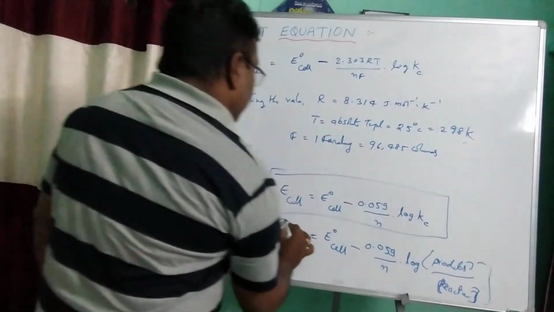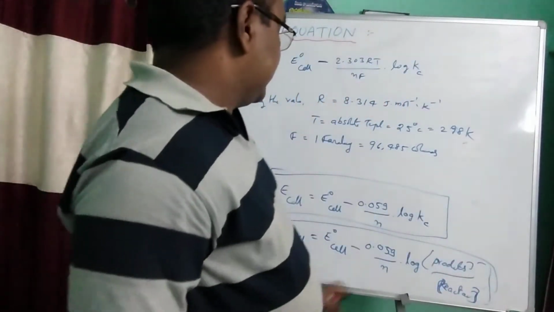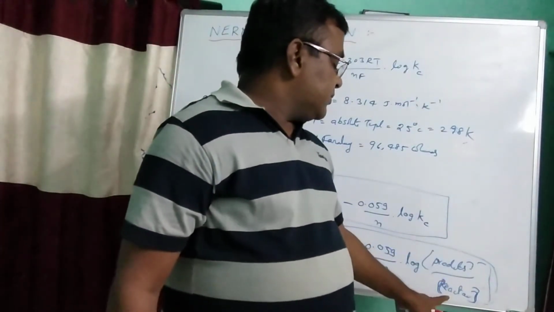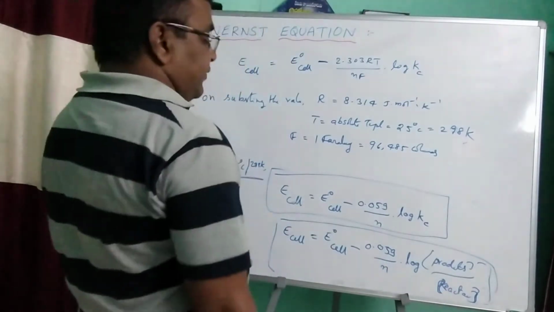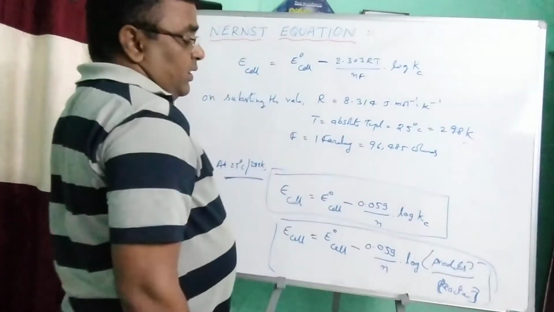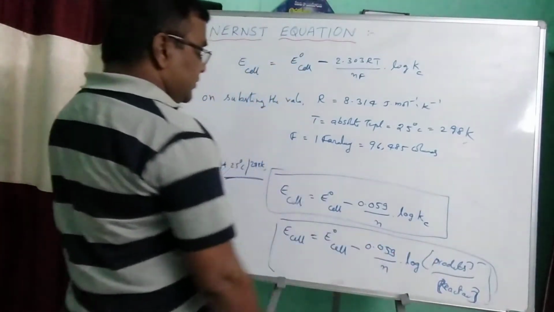So this is another formula: E cell is equal to E0 cell minus 0.059 by N log products concentration by reactants concentration. When we use the equilibrium constant, we use the earlier formula. When products concentration and reactant concentration are given, we use this formula.